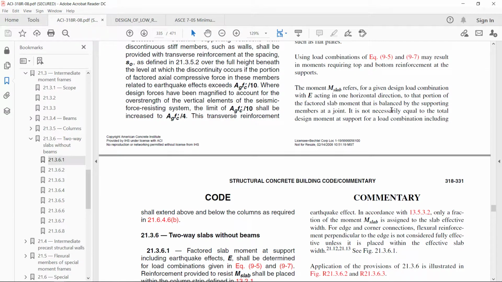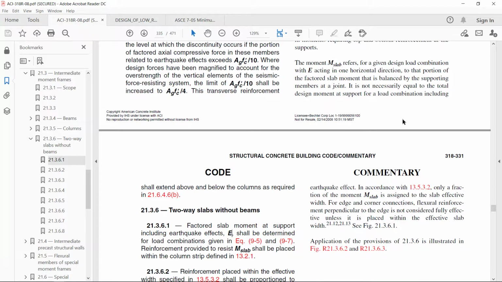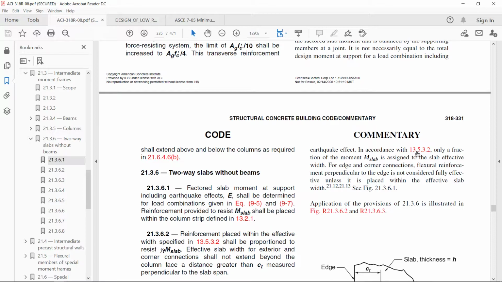It is not necessarily equal to the total design moment at support for a load combination including earthquake effect. And in accordance with para 13.5.3.2, only a fraction of the moment M slab is assigned to the slab effective width. For edge and corner connections, flexure reinforcement perpendicular to the edge is not considered fully effective unless it is placed within the effective slab width.